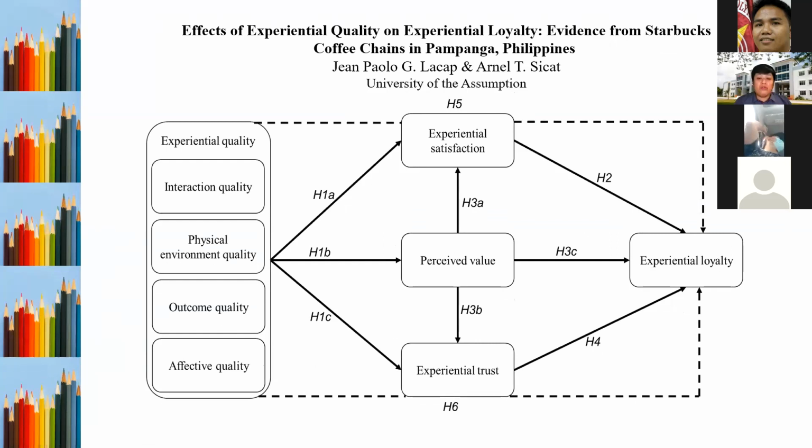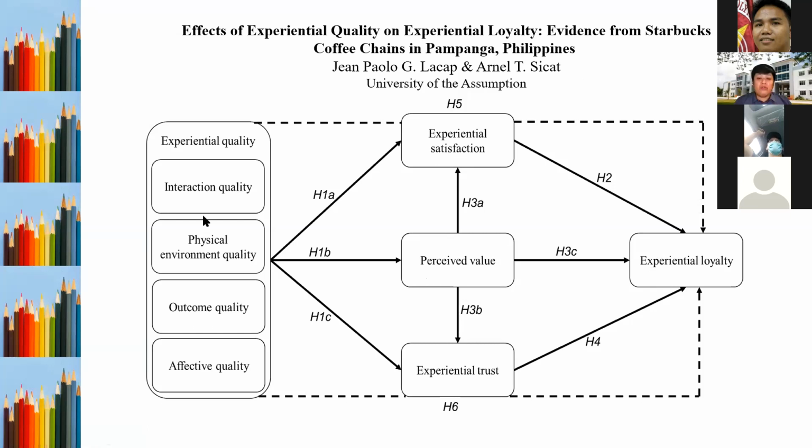This research paper is all about experiential quality, experiential satisfaction, perceived value, experiential trust, and of course, experiential loyalty. Of course, all of you are familiar with Starbucks, which is so common among Filipinos. So we came up with a research study to measure experiential quality and its influence on experiential loyalty.